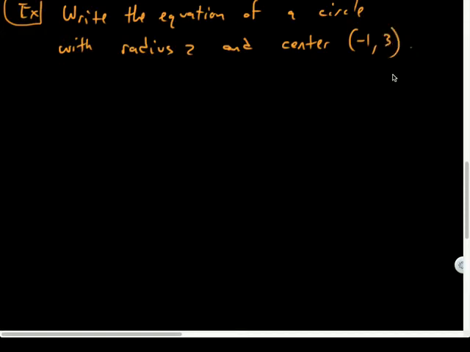There. So let's label what I know first. So I know that r is equal to 2. And I have my center is -1, 3, so that means h is -1 and k is 3, right?